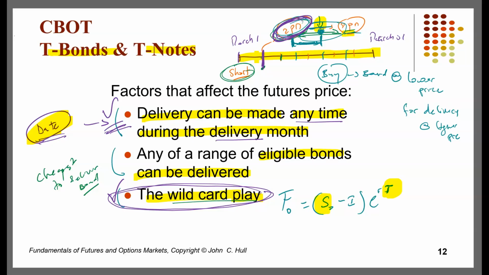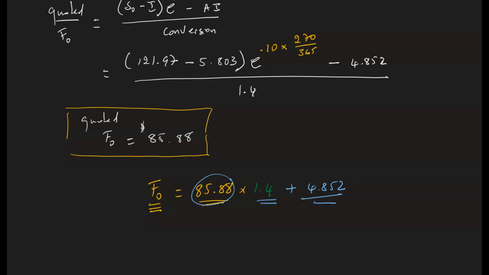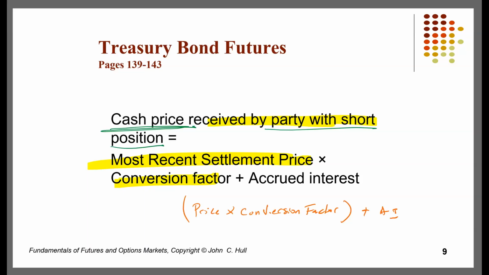Let's go back to our slide and see exactly what we had there. On our slide, I think it was over here, we said that the cash price received by the short party in the position is going to be the most recent settlement price, and that is essentially the clean price that we refer to, multiplied by our conversion factor.